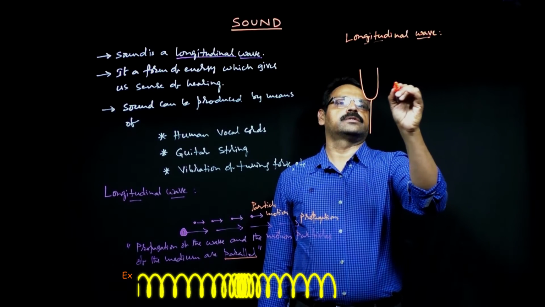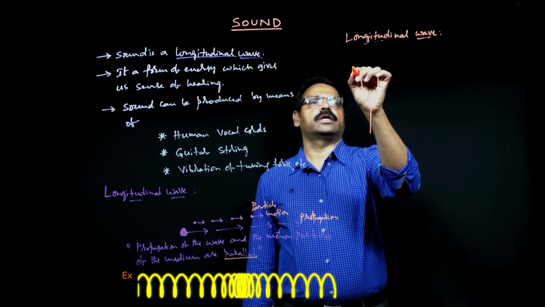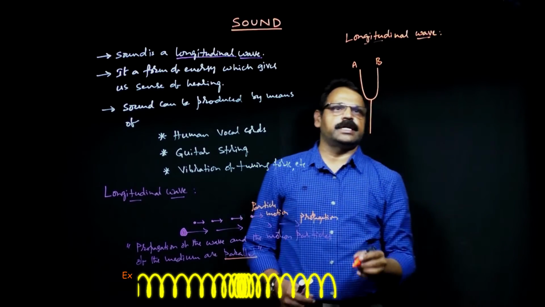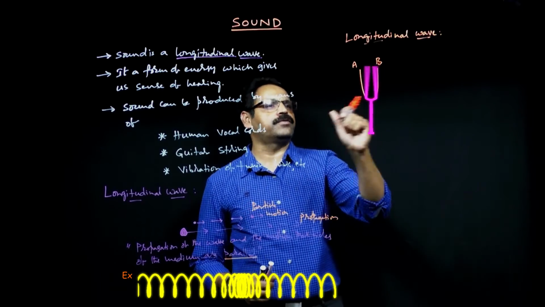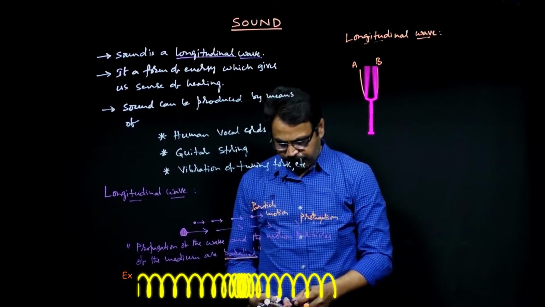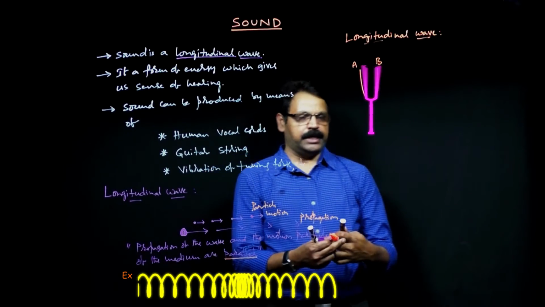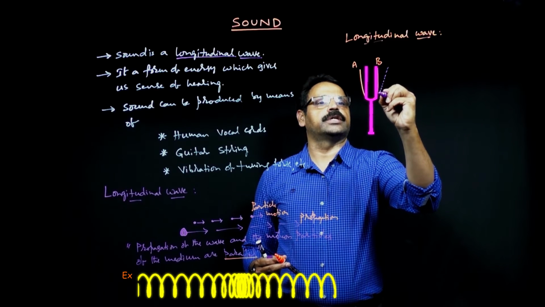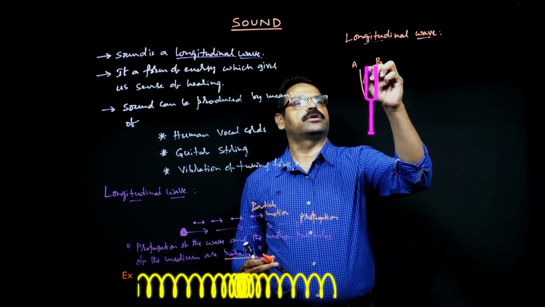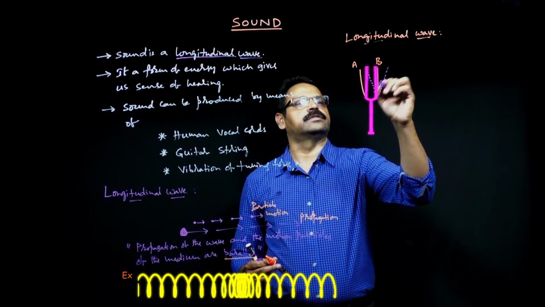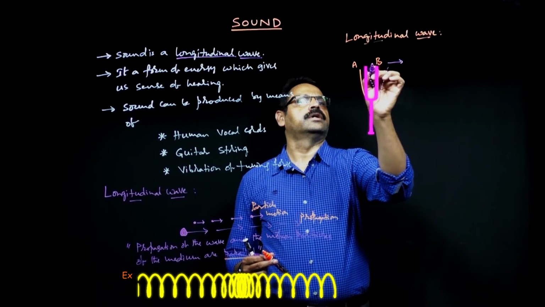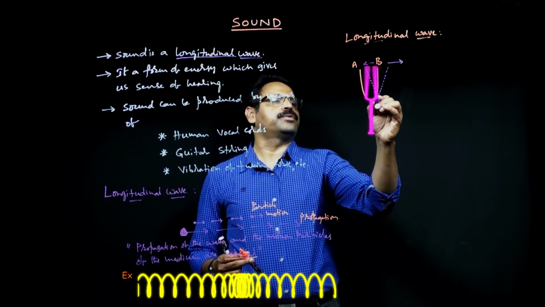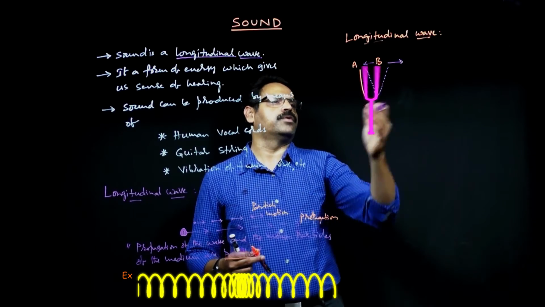The prongs, A and B, are the prongs. Whenever you hit it with a hammer, it vibrates, moving to and fro with respect to the mean position, outward and then inward.